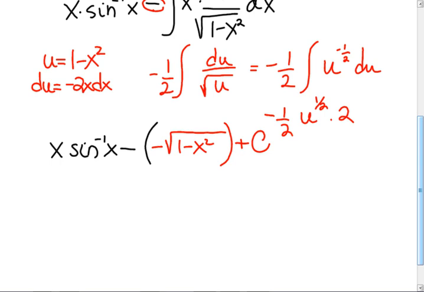Sometimes you have to do integration by parts twice. How did I get rid of what? This is a negative from here, and that negative makes it a plus. No. This is equal to this. Let me circle it.